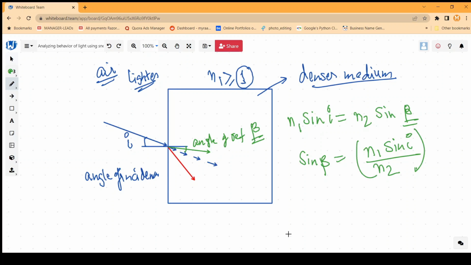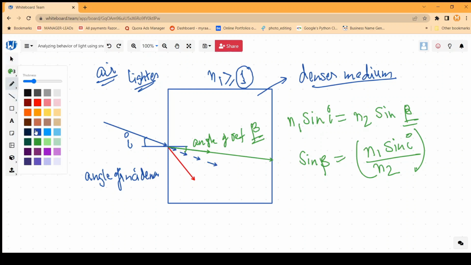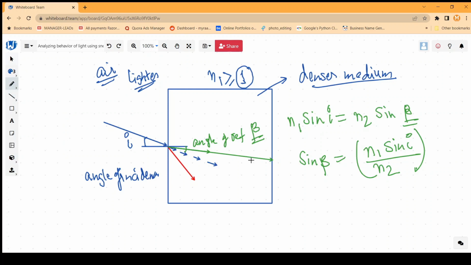Now once the ray of light comes here, what happens to this ray of light? So basically it is going to proceed from here all the way, I'm going to come here. Now as again there is a change of medium, right? So this ray of light is going to again experience refraction. So how do we solve this? Very simple. First step, we are going to draw a normal. So where is the normal?